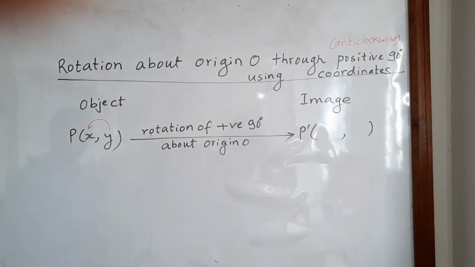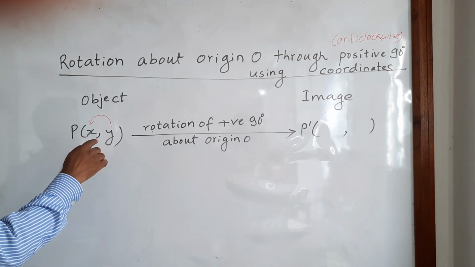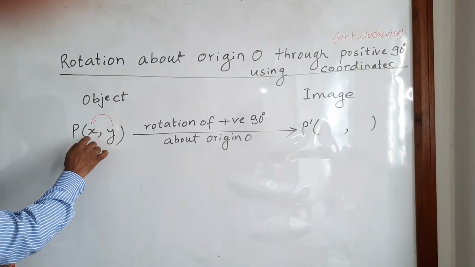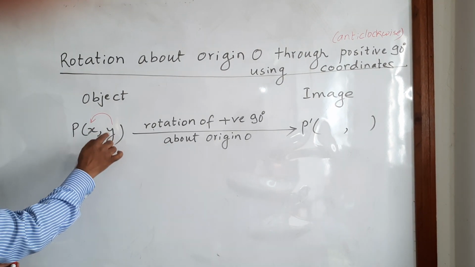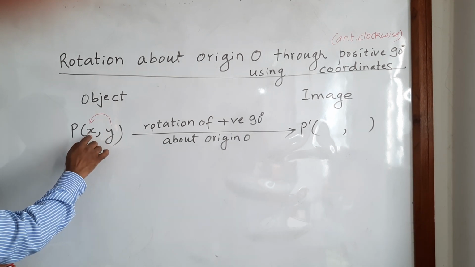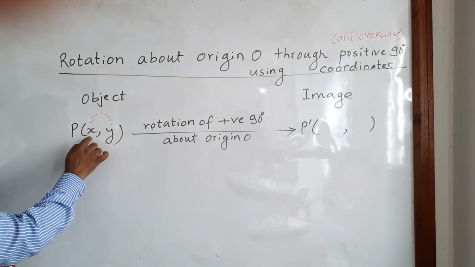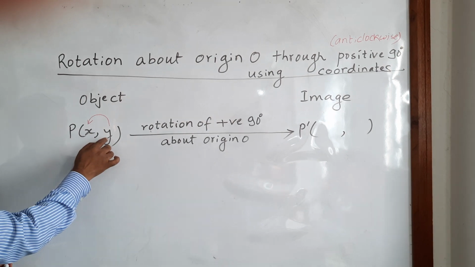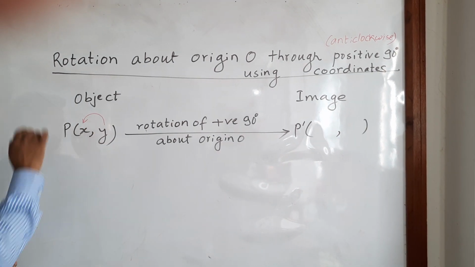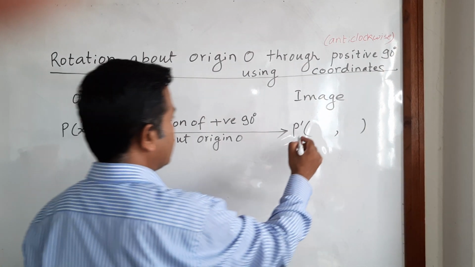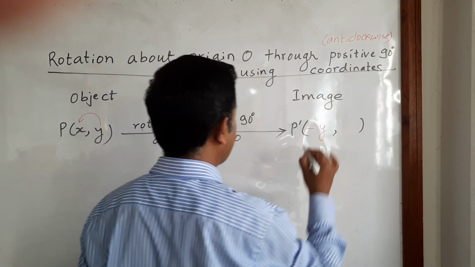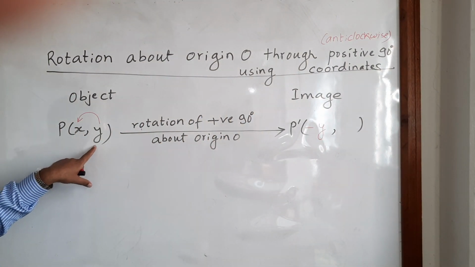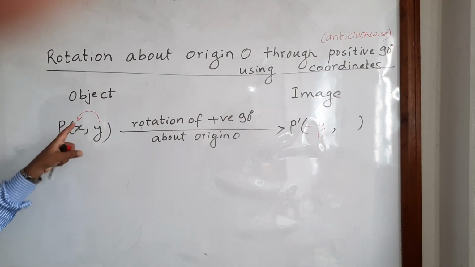So y rotates in anti-clockwise direction. That means y goes to x's place. Y is the businessman. He has to give a lot of money to x to establish the shop in the place of x. So y's property will be negative. So it will be minus y.